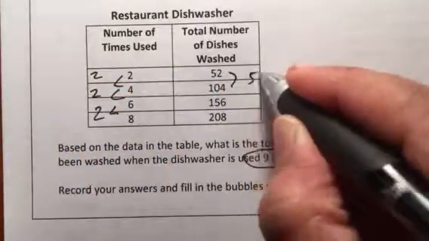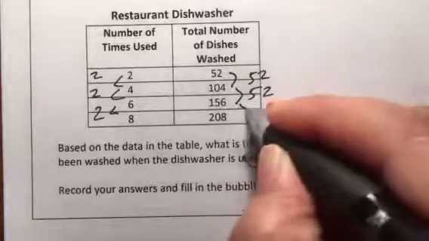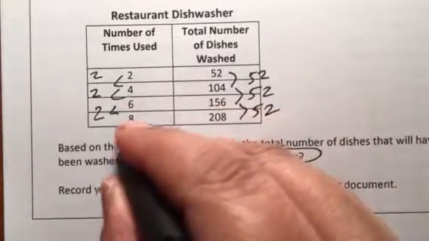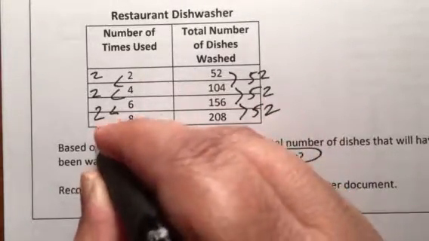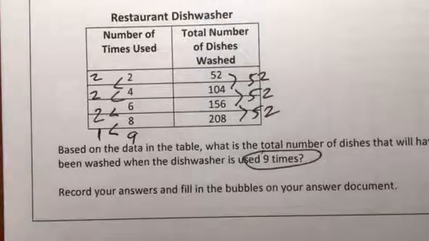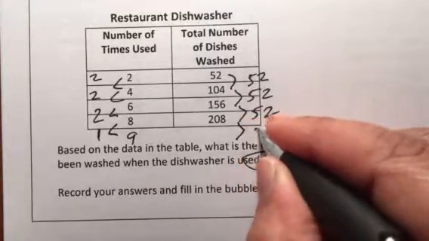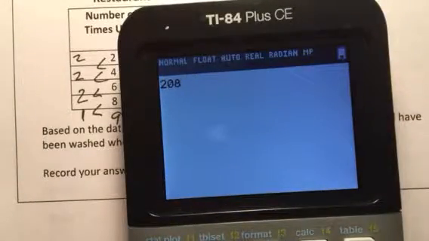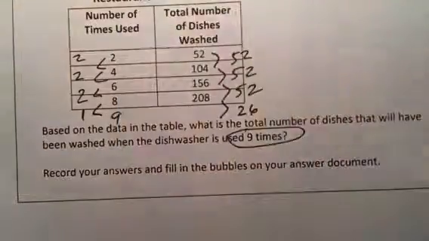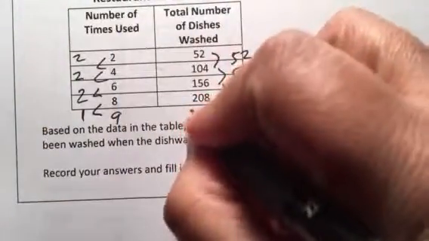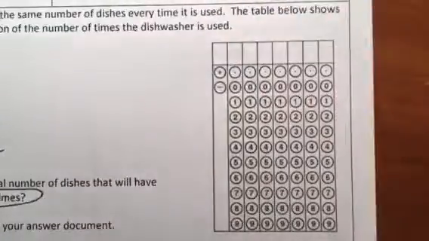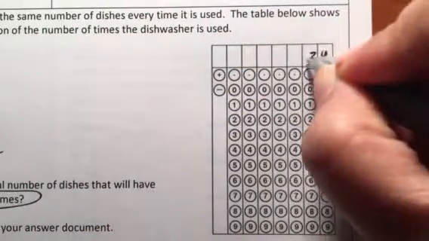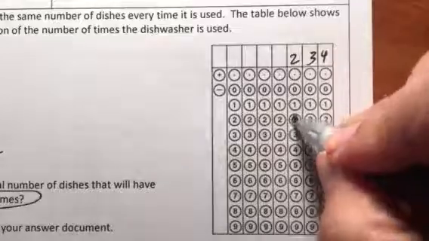This is changed by 52 every time. So if all we're doing is changing it to 9, that means I've only changed by 1. Which means that I'm going to add 26 here. So calculator, 206 plus 26 is 234. So that's our answer, 234. And I would put 234.